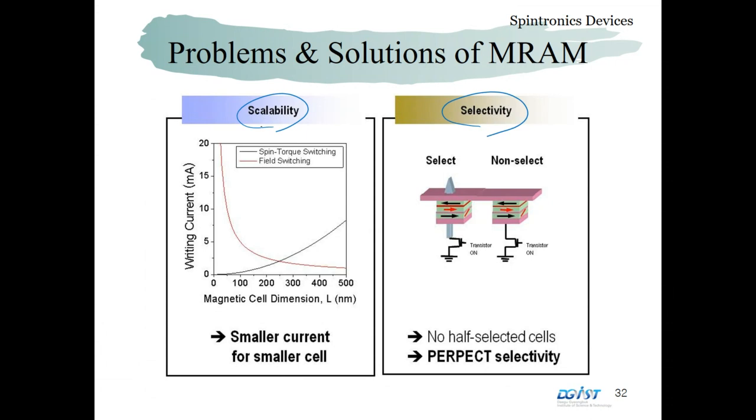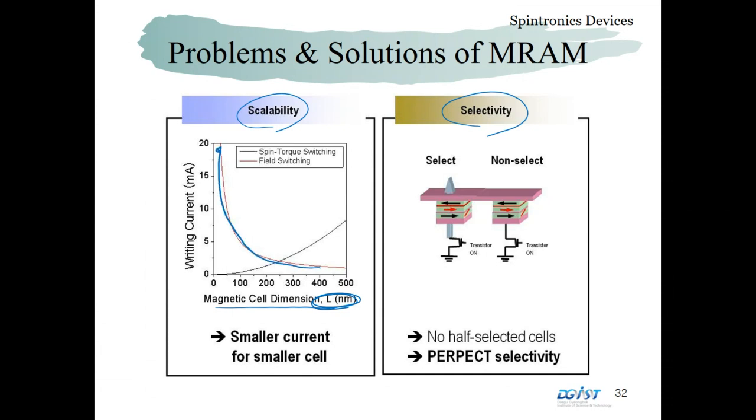Scalability means that if we want to switch the magnetic cells, we need an external magnetic field. And if the magnetic cell dimension is getting smaller and smaller, meaning we can increase the density of the memory, in other words it's a better memory, then the required field is getting larger.